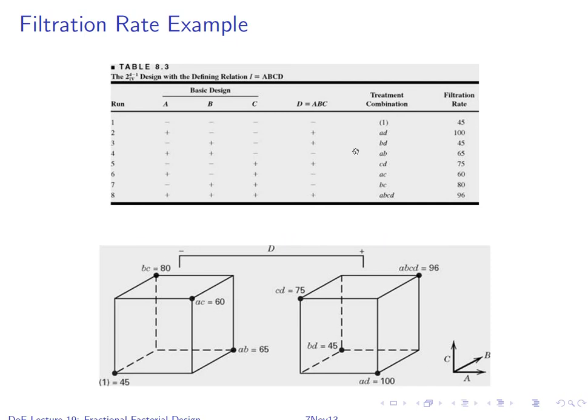So in the first case, all 4 are low, and that's what we define by the 1 in parentheses. And then there's 2 factor interactions, and then the last being A, B, C, D, where they're all high. The value of the response variable is shown on the right-hand side of table 8.3.